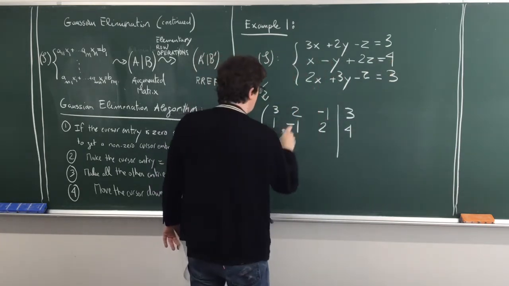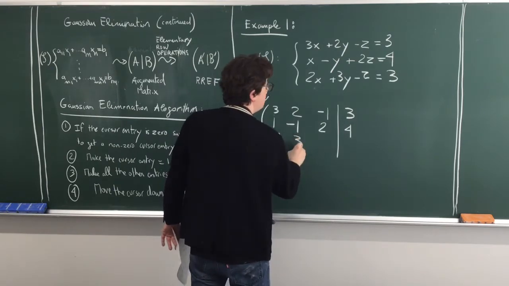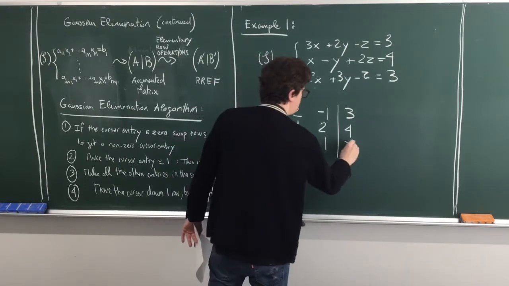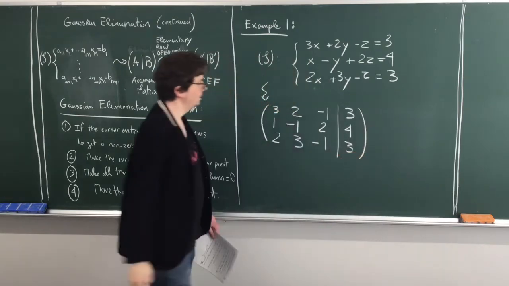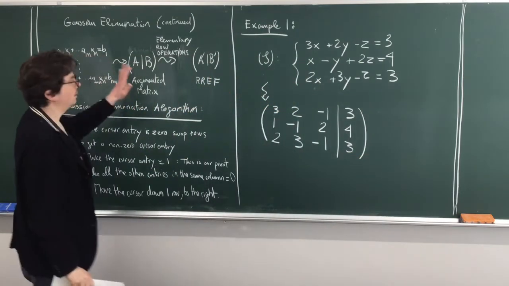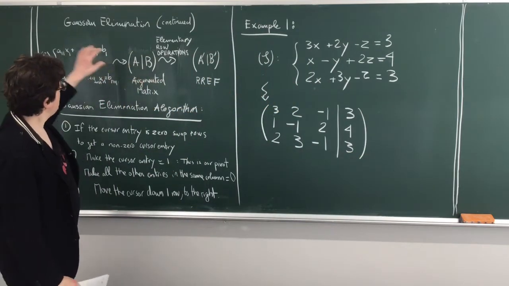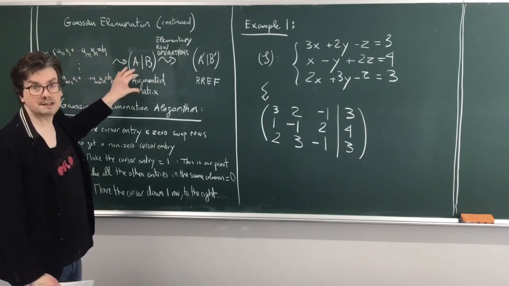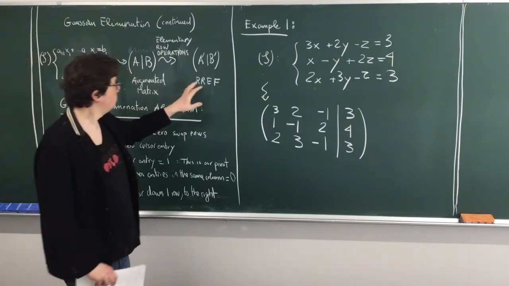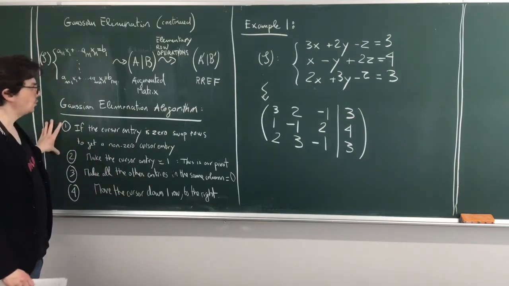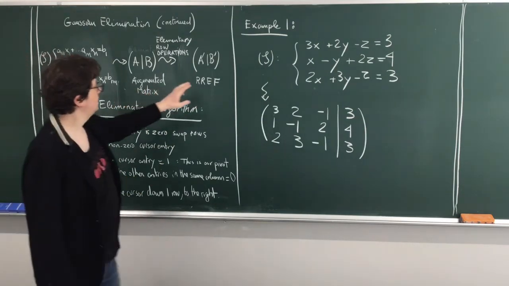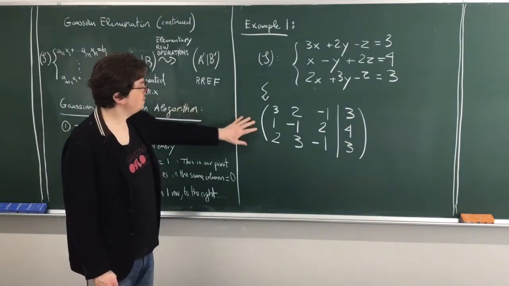The last one: 2, 3, minus 1, and 3. Okay. So now I have associated to my system an augmented matrix. The next step will be to apply this algorithm to get an RREF form of this augmented matrix.